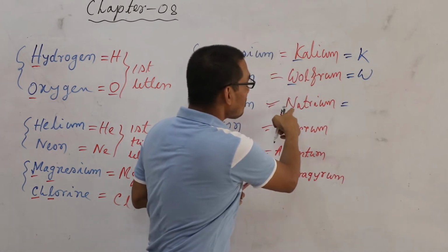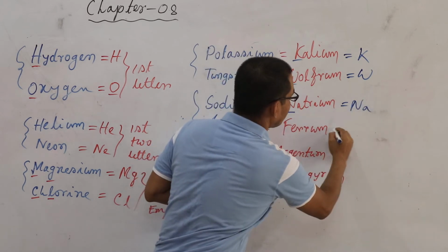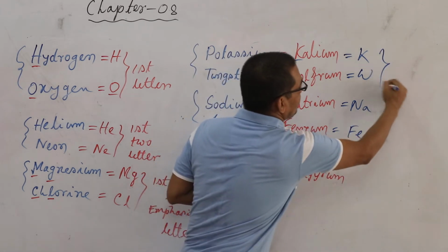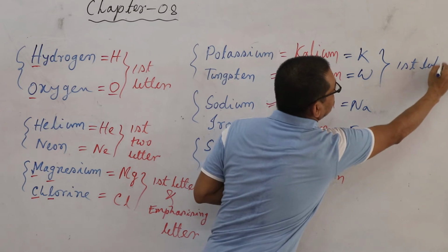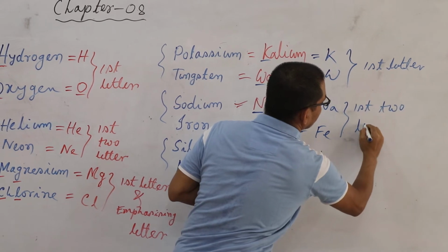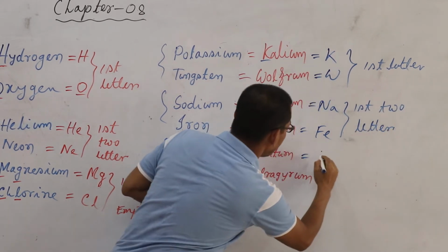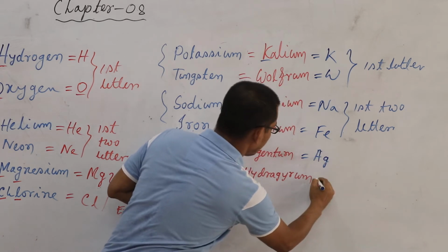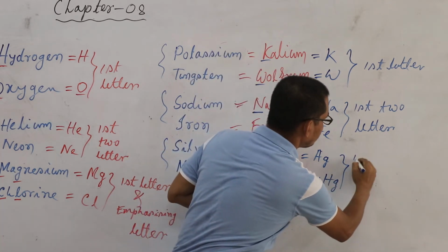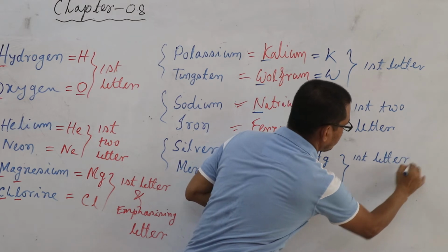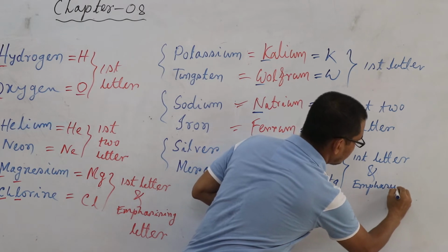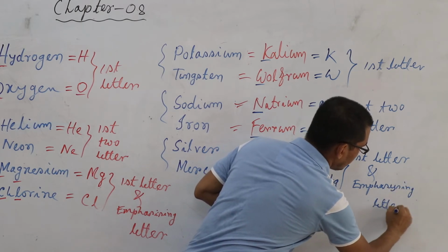But in this case, first two letters: sodium, Natrium, Na; iron, Ferrum, Fe; and for silver, Argentum, first letter and emphasizing letter.